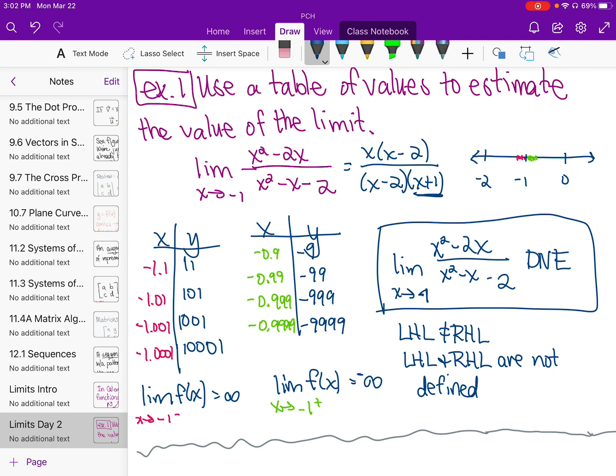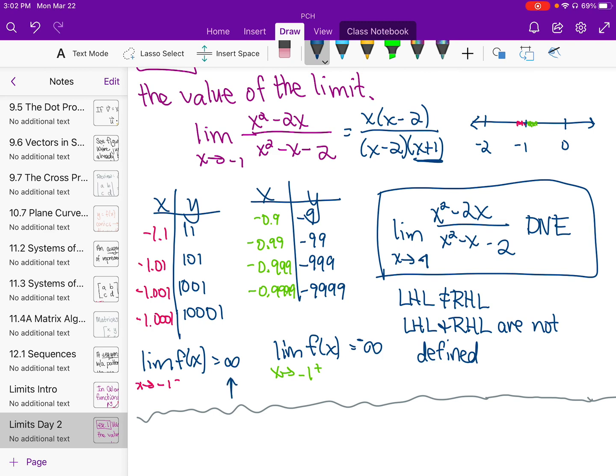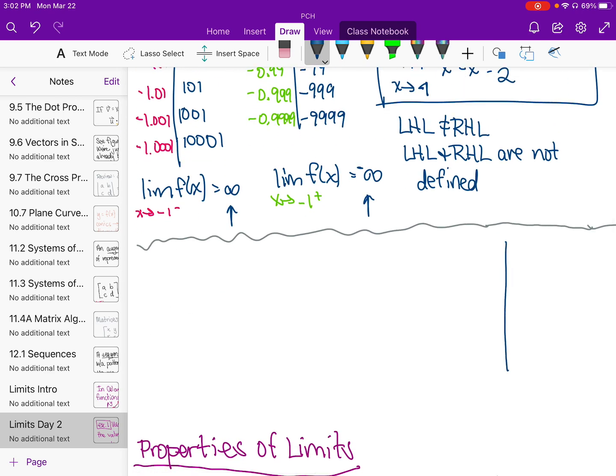So something I want to show you in this graph: when we graphed rational functions, we talked about asymptotes versus removable discontinuities, holes, right? I can tell by the values of these limits that there's an asymptote at x equals negative 1.